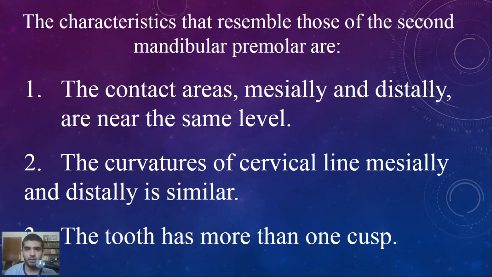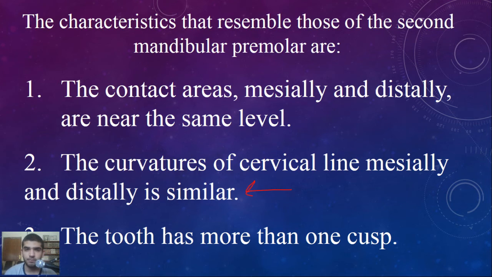Now we will talk about the characteristics that resemble those of the second mandibular premolar. Both of the mandibular premolars have some characteristics similar to each other. The first one is that the contact areas, mesially and distally, are near the same level in both of the mandibular premolars. The curvature of the cervical line, mesially and distally, is similar in both.